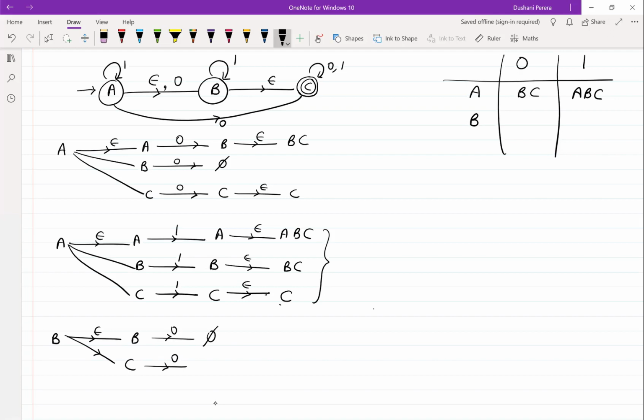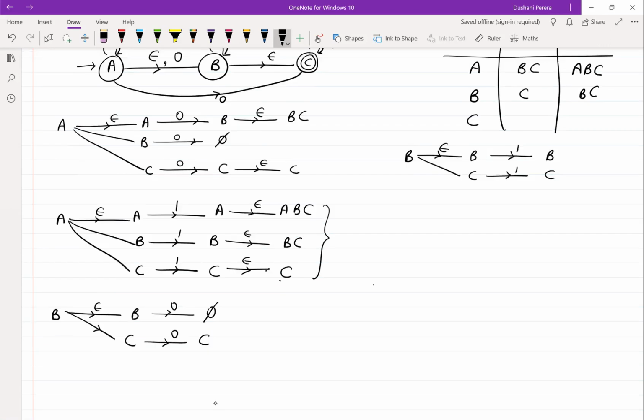This is not defined. I will be at C. Then on seeing 1, I'll be at B. Here I'll be at C, B, C.